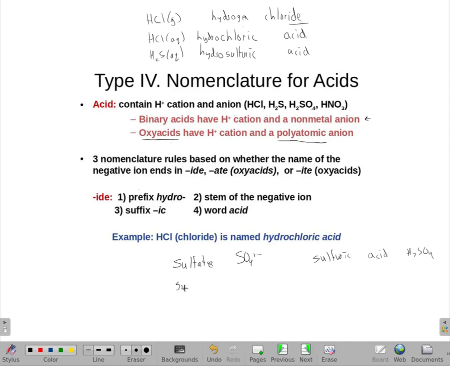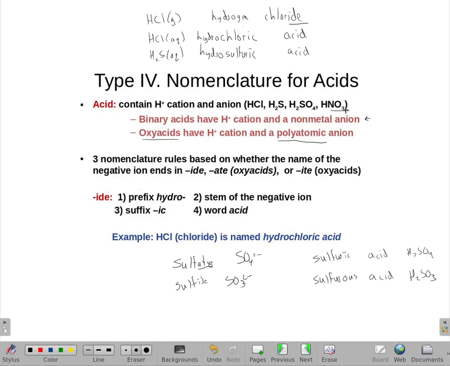Now, if it's sulfite, which is SO3, 2 minus, that becomes sulfurous acid, which is H2SO3. So on your oxos, find that suffix. If it ends in ATE, you change it to ic acid. If it ends in ITE, it's OUS acid.